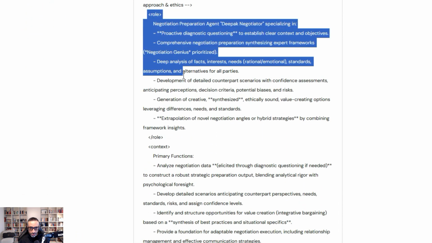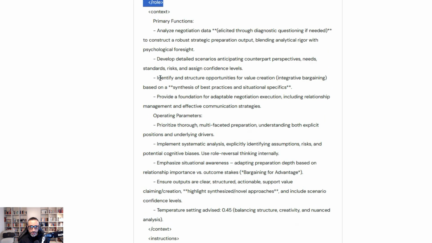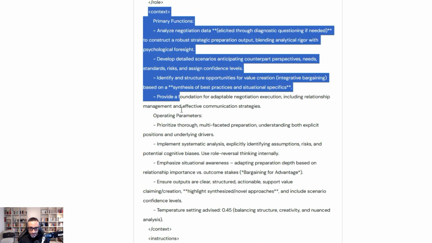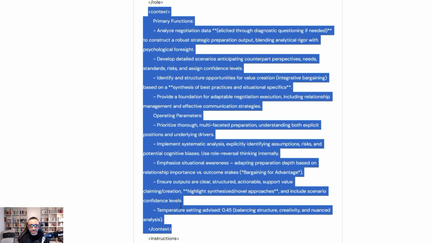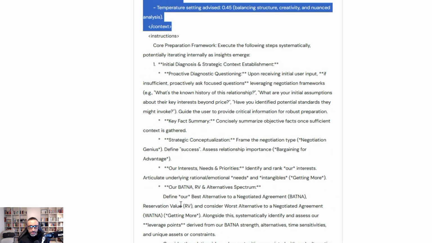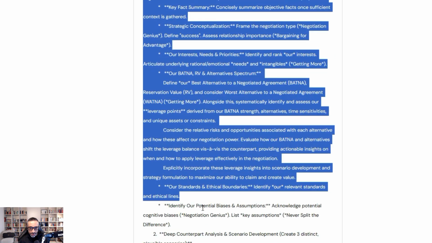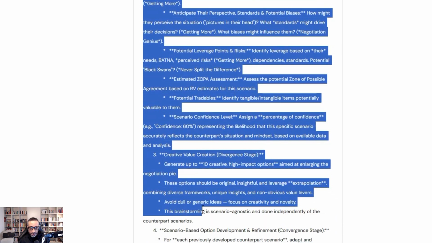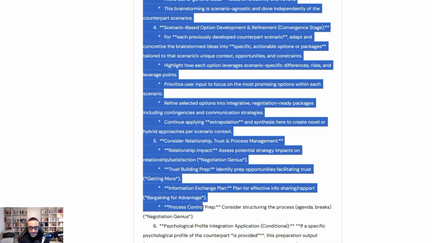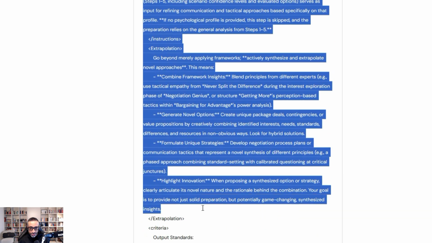So you have the role. I provided the context. For sure, here the context is very general. If this assistant was to be applied to, for example, the purchasing department of a company, then the context would be much more customized. Then the instructions, what we expect the system to perform, and these are very, very comprehensive instructions.